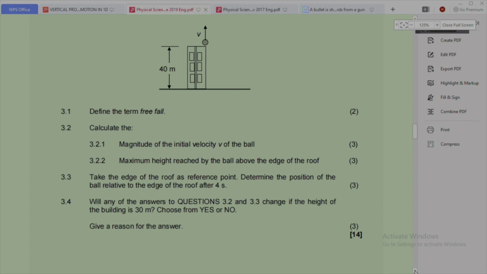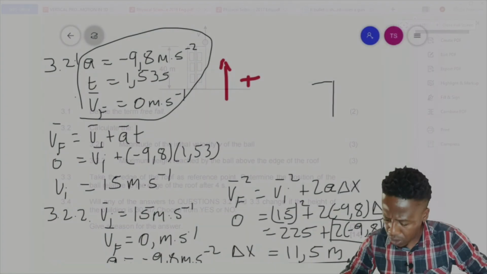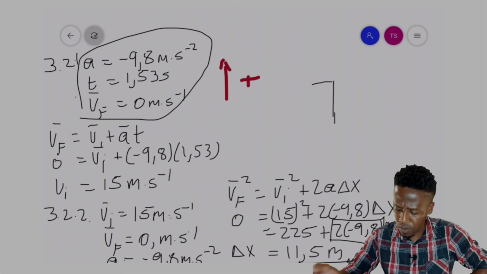So how do we go about calculating that one? They just want us to calculate the position of the ball relative to the edge of the roof after 4 seconds. Now let me just try to draw it down.